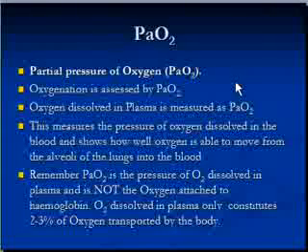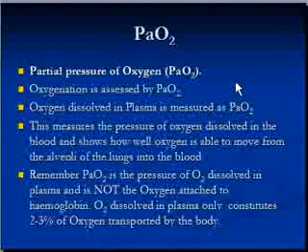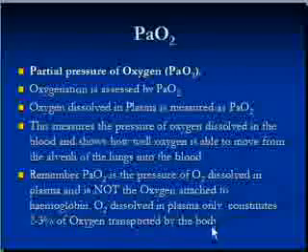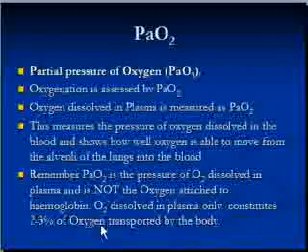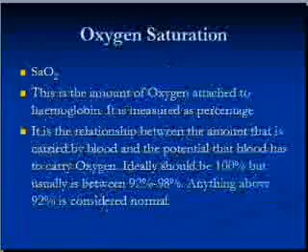This measures the pressure of oxygen dissolved in plasma and shows how well oxygen is able to move from alveoli of lungs into the blood. Remember, partial pressure of oxygen is the pressure of oxygen dissolved in plasma and not the oxygen attached to hemoglobin. Oxygen dissolved in plasma only constitutes 2 to 3% of oxygen transported by the body.